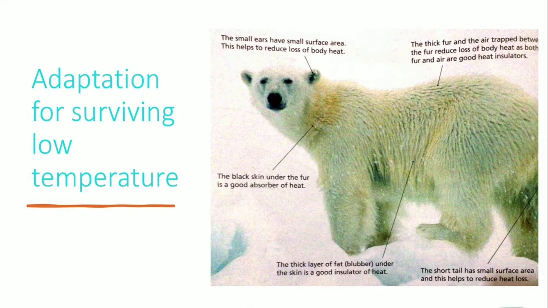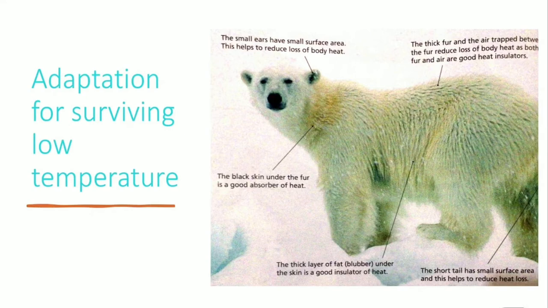So we're going to learn about adaptation for surviving low temperature too, as it was a picture in the first slide of the introduction. Well, let's see this picture. There's a cutie bear and we're going to learn its characteristics that help him, little cutie, survive in the very, very low temperature.